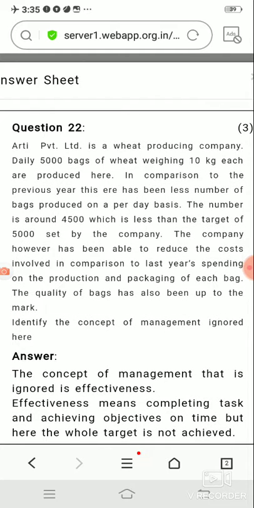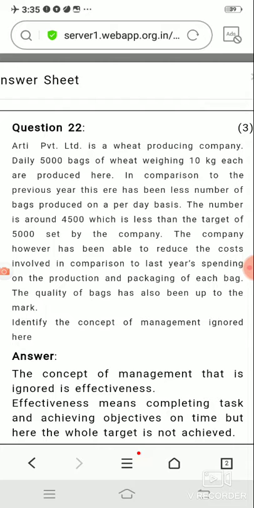So children, the conclusion from this question was that Aarti Private Limited had made a target of producing 5,000 bags per day, right? Now what has been done is that they are able to produce only 4,500 bags. It means they are not able to achieve their target of 5,000.